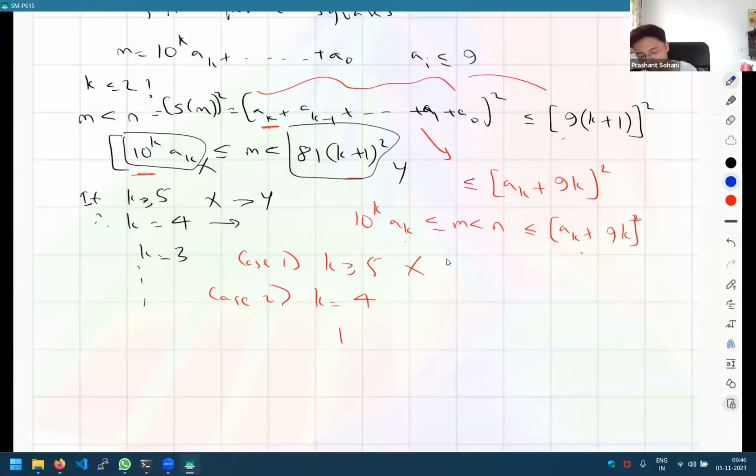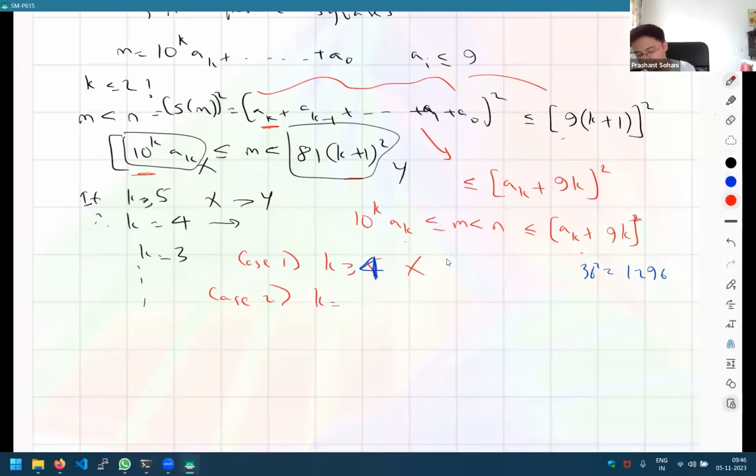If k is equal to 4, then the left hand side is 10,000, whereas the right hand side will be simply 4 times 9, which is 36 square, which is 1296, which is much smaller than 10,000. So actually case 1 eliminates k greater than or equal to 4, right?